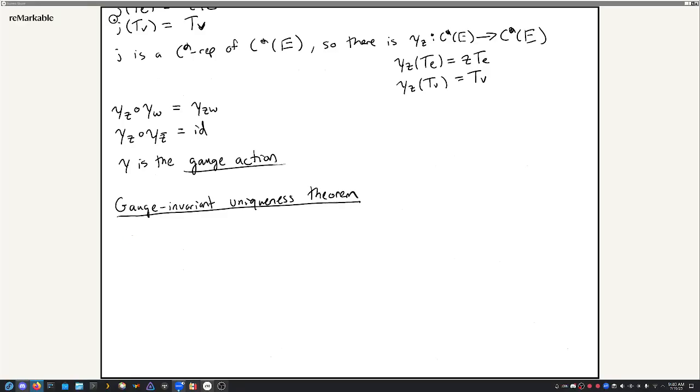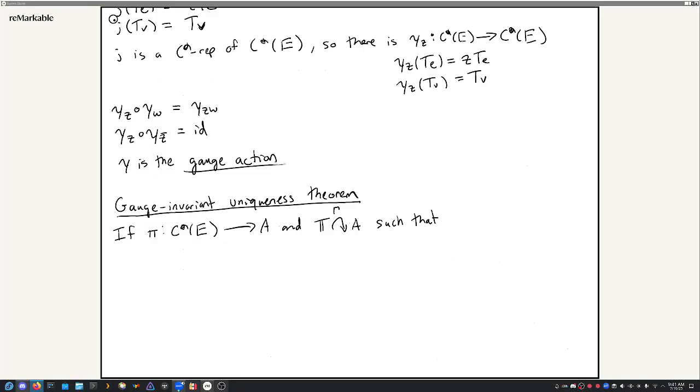Okay, so suppose we have a star homomorphism pi from a graph C star algebra into a C star algebra A, and say capital gamma is some action on A, which is equivariant with respect to the gauge action.